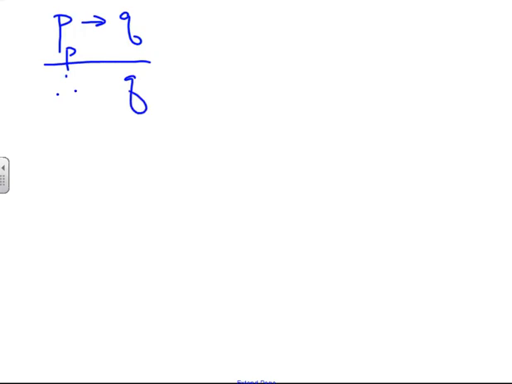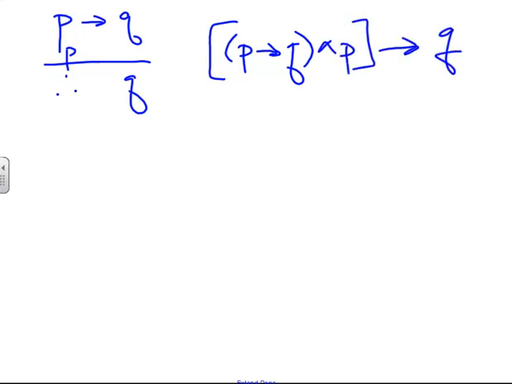This notation, and what this means is, now look at that conditional statement we have. If P then Q, and P. Remember, we are assuming here that this is true.